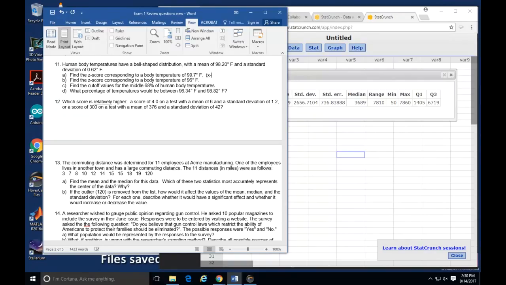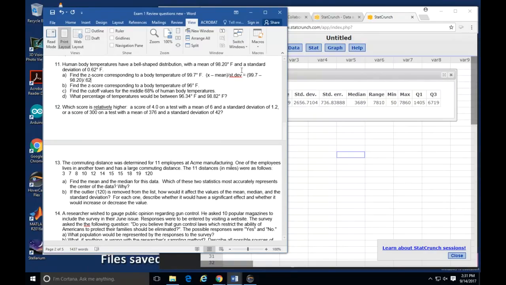It's x minus the mean, and then that's divided by the standard deviation. So this would be our data value, which is the 99.7, minus our mean of 98.20, divided by the 0.62.